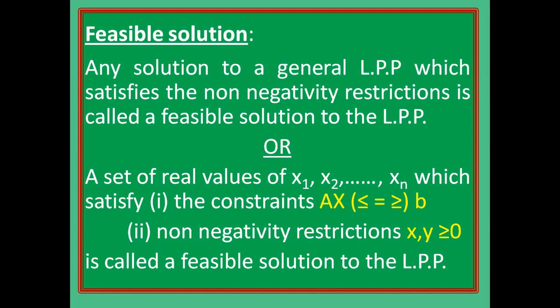It can even be written as x1, x2, so on up to xn greater than or equal to 0 also, which will be called as a feasible solution to the general LPP. So put together, any feasible solution we are observing, it has to satisfy all the given constraints and also non-negativity restrictions. Then it will be called feasible solution.